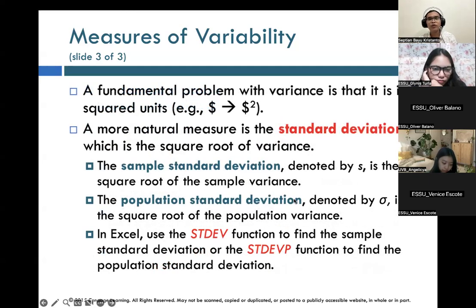Next, we have standard deviations. Mathematically, the standard deviation is just the square root of your variance.